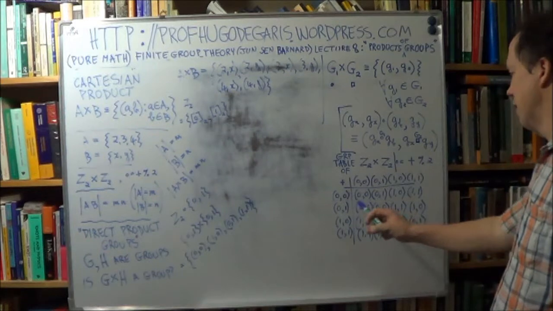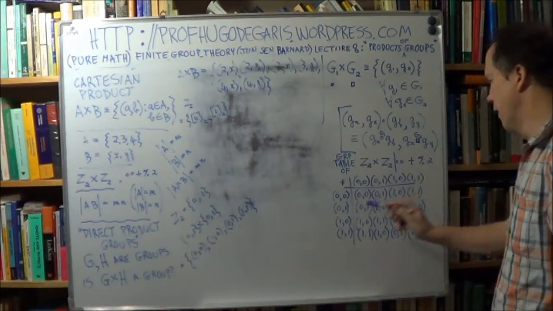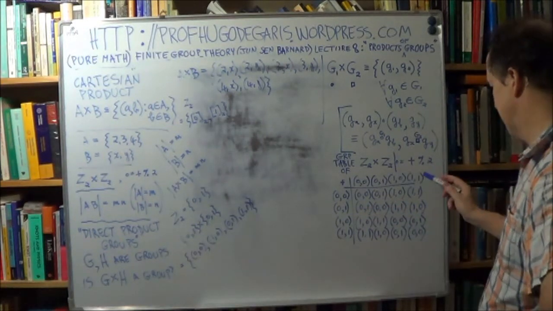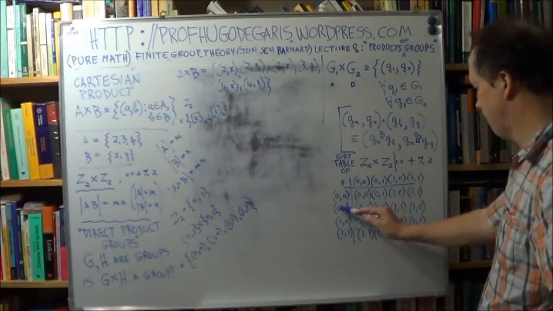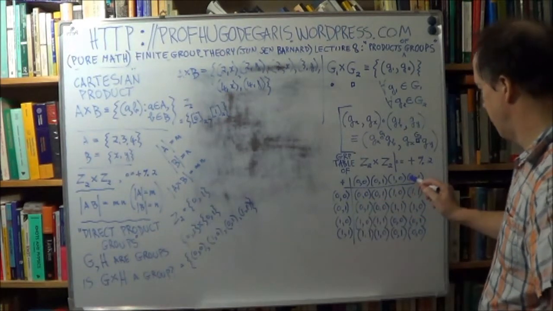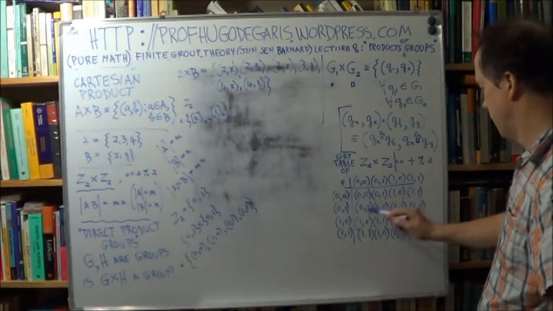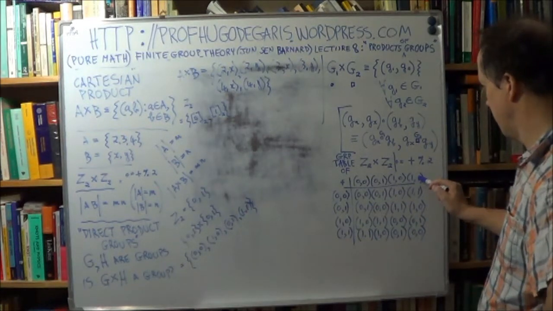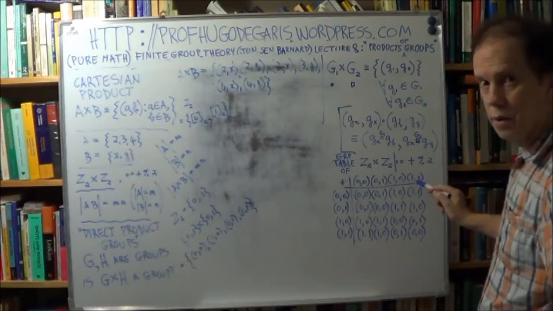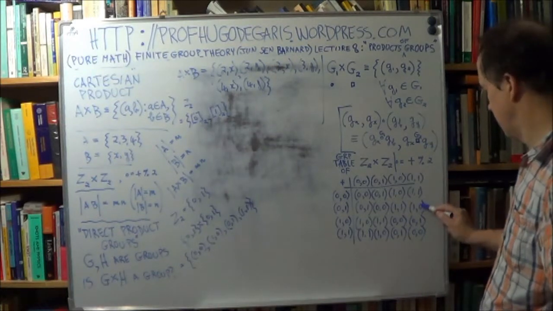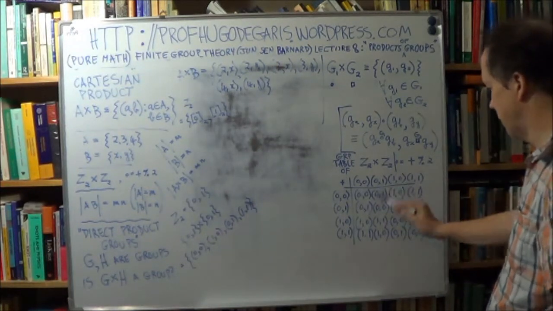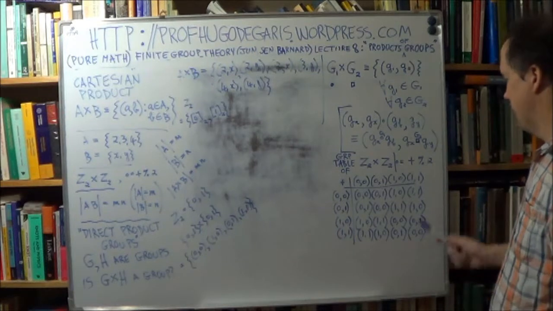Now similarly, let's do one or two more. Let's try this one. The 0 and the 1 you add, so you get 1. The 1 and the 1 you add, that's 2, mod 2 is 0, so you get a 0 here, and so on. All right, so that's your table.